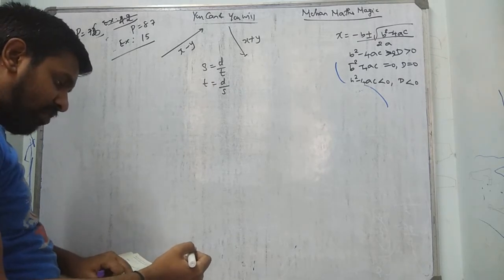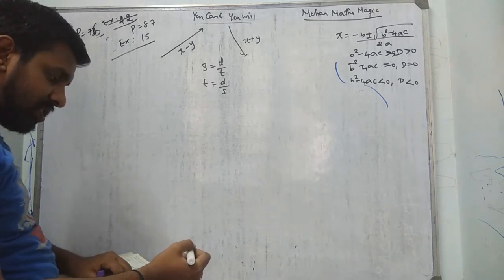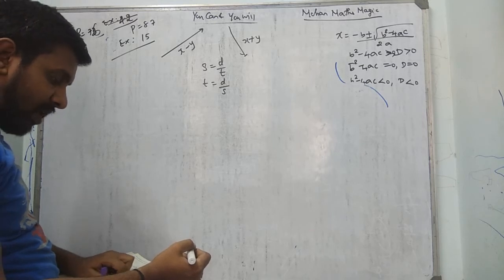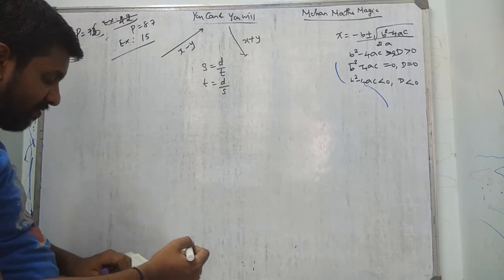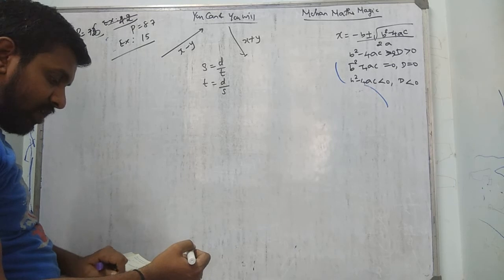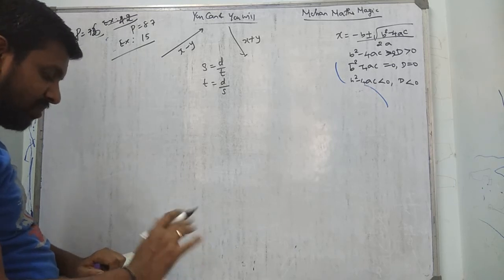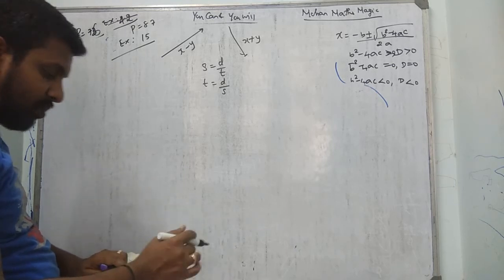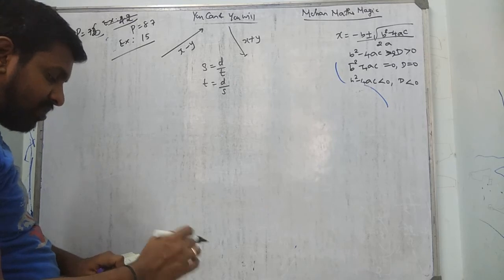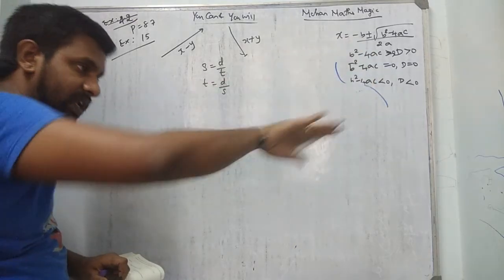Now, a motorboat whose speed is 18 km per hour in still water takes 1 hour more to go 24 km upstream than to go downstream. So 24 km upstream and 24 km downstream. Find the speed of the stream. What is a stream? Okay.